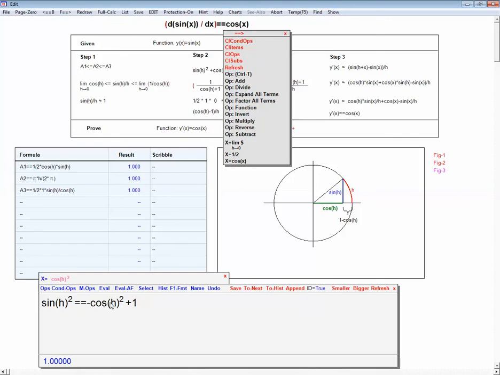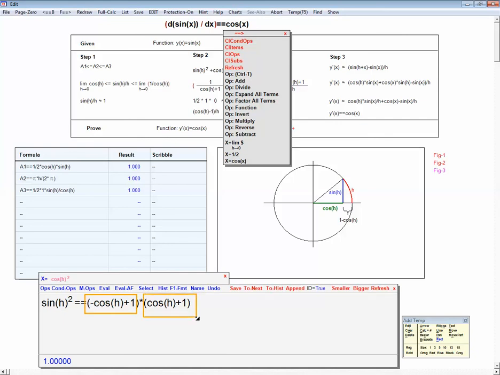All right, and now we're going to factor this side over here. 1 minus the cosine of h squared factors into 1 minus the cosine of h, that's this piece here, times the cosine of h plus 1.